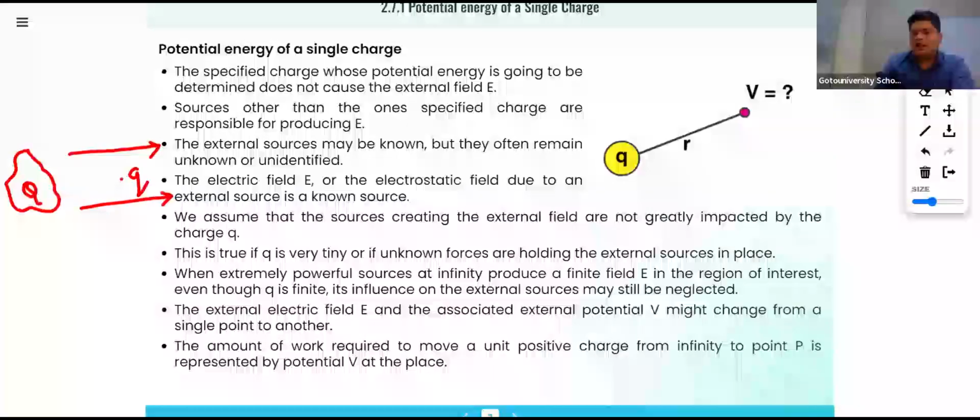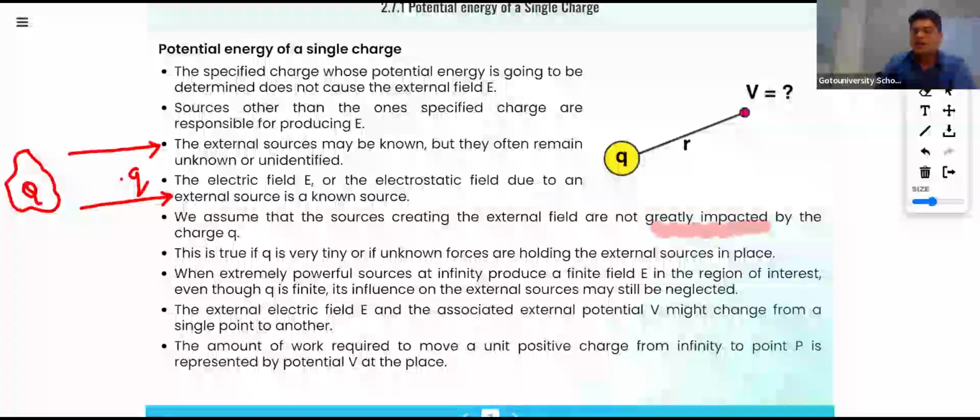The external field or electrostatic field due to an external source is a known source. We assume that the sources creating the external field are not greatly impacted by the charge small q. This is true if q is very tiny or unknown forces are holding the external source in place.